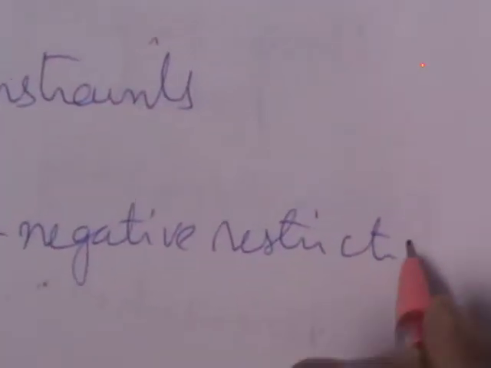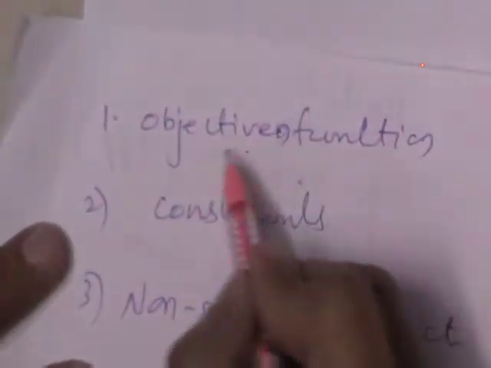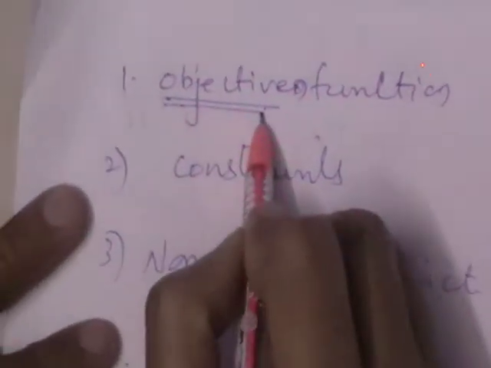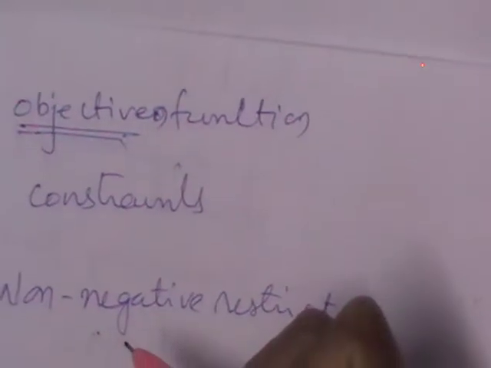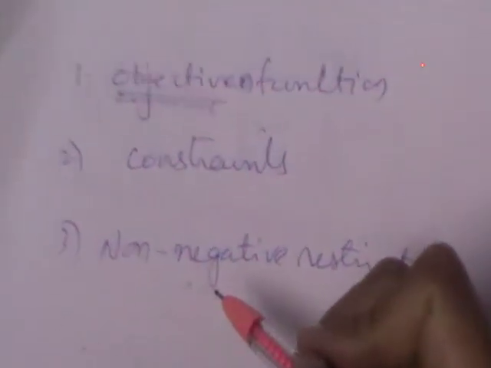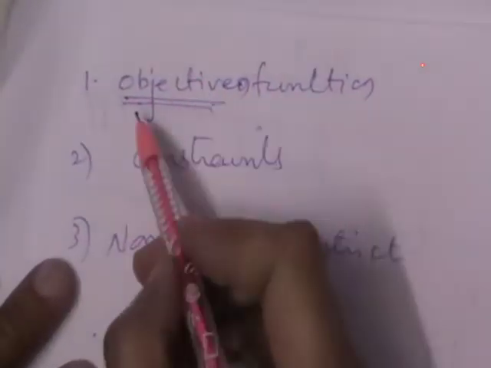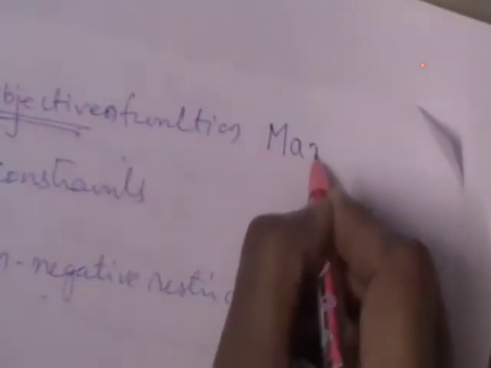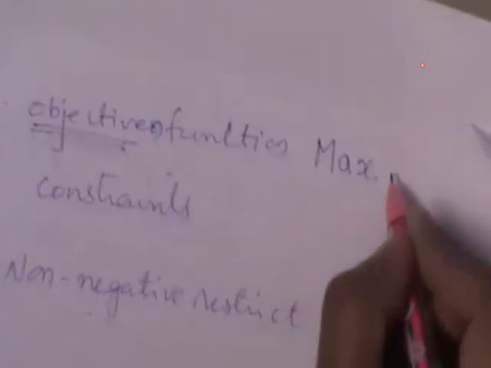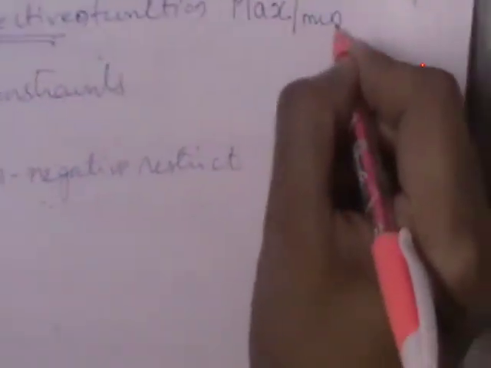Before writing mathematically, let us see what the objective function refers to. The name itself tells us: objective. As I said, LPPs are nothing but optimization techniques. What do we mean by optimization? Either to minimize or maximize. In the objective function, you should clearly specify whether your problem is a maximization case or a minimization case.